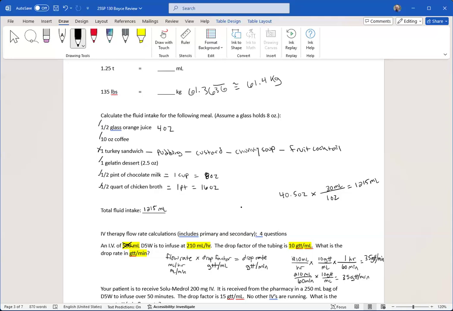The other way I can do this is if I know that each ounce is 30 milliliters, I can just do those conversions as I go along. So like this is the one that's always tricky. 75 ounces, 240 ounces, or milliliters, sorry.